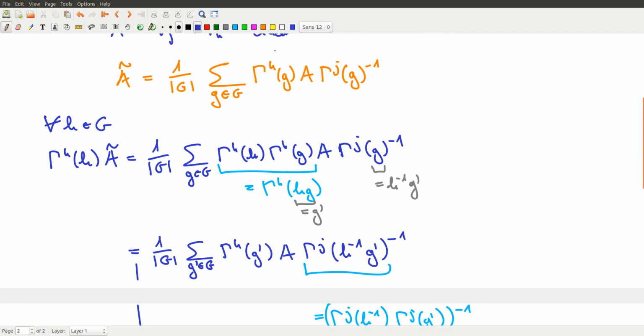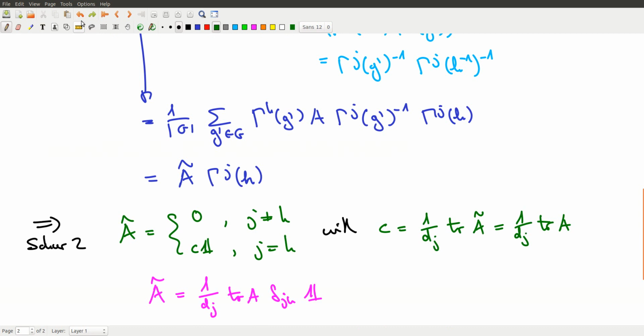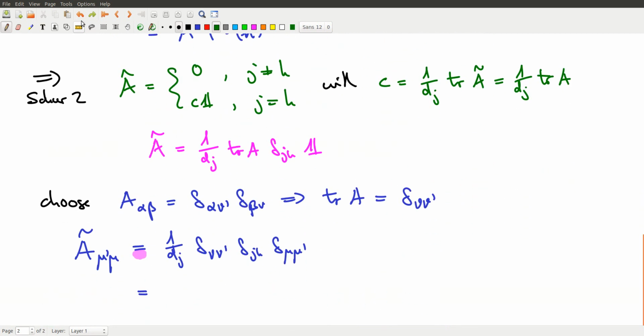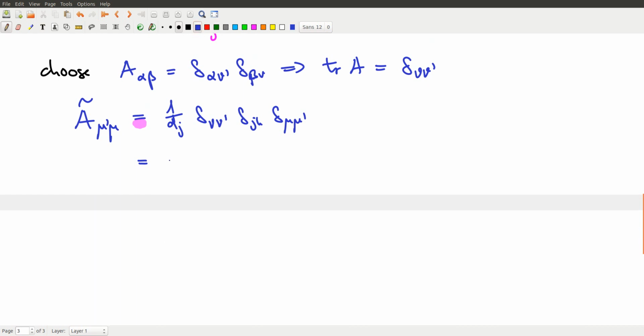Now we calculate this matrix element again using the definition of A tilde. So A tilde up here, the orange equation, where we have the A conjugated with the representation matrices, conjugated because now it's only non-zero if J is equal to K. Okay, what do we get then? Sorry for switching screens. So what's this? It's 1 over the order of the group, sum over all group elements.